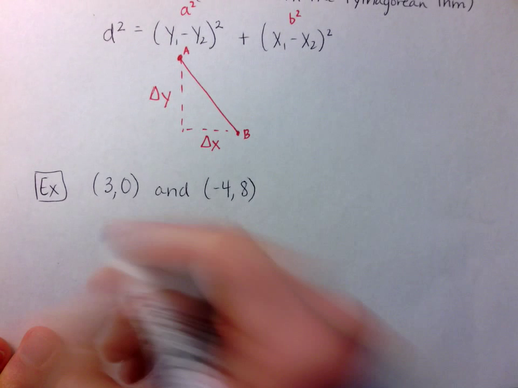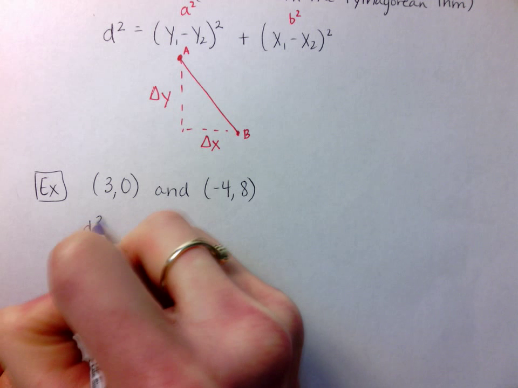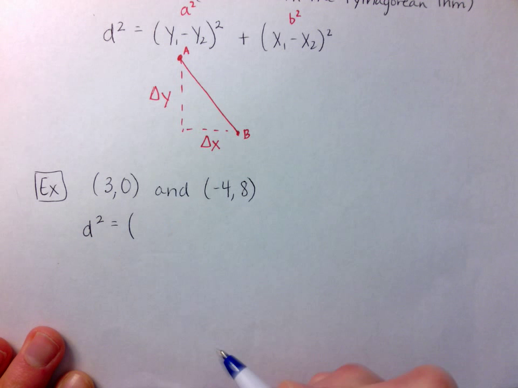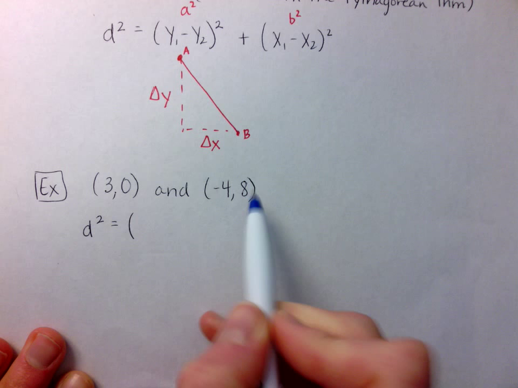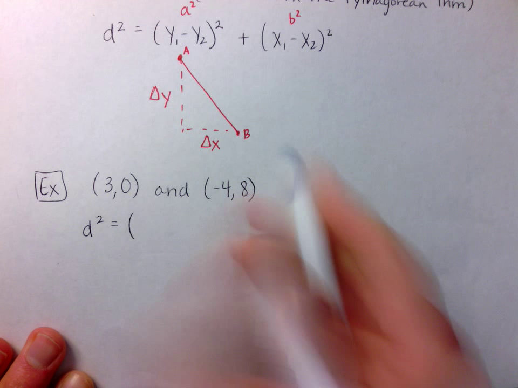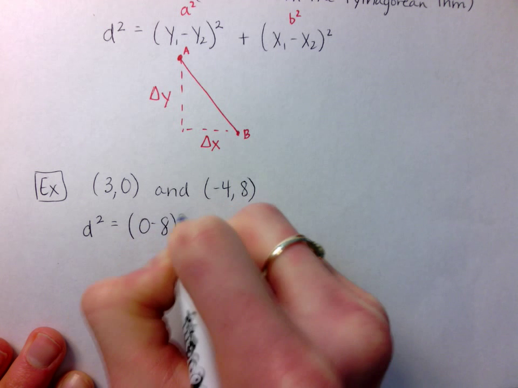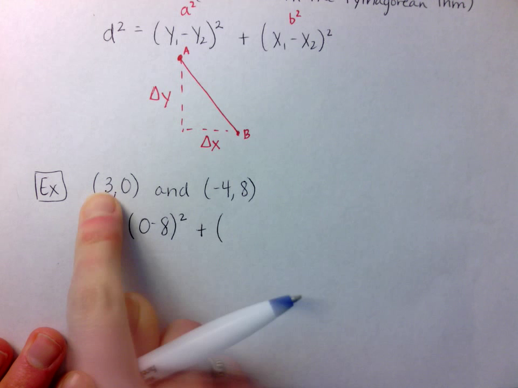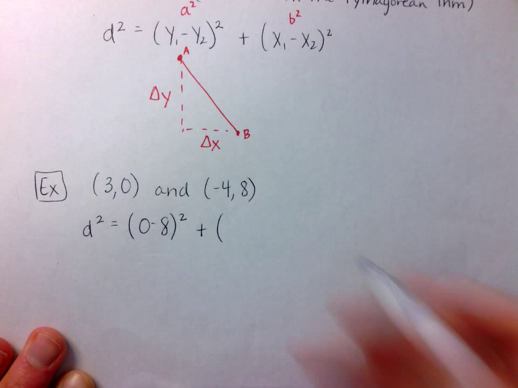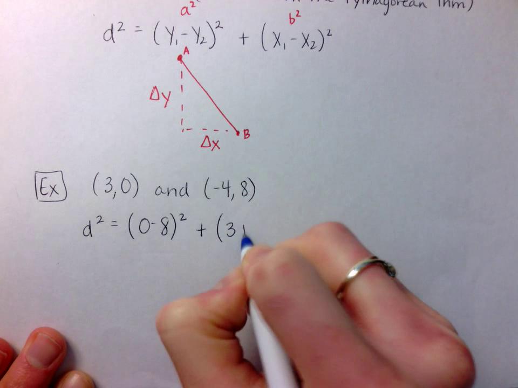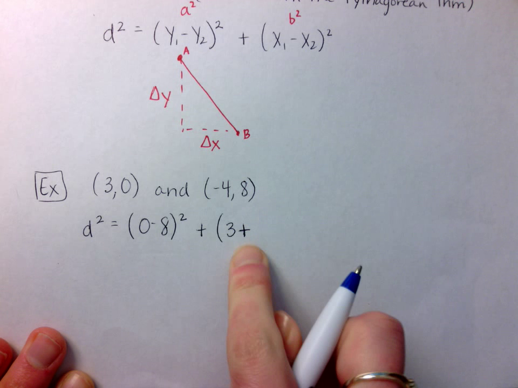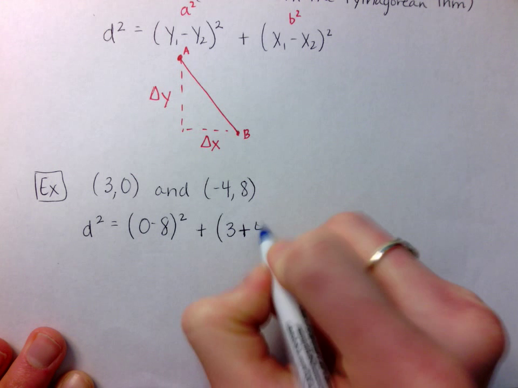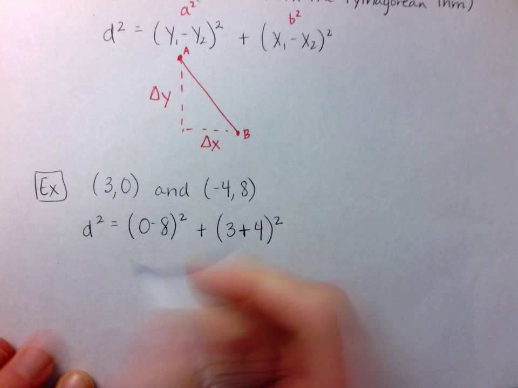We're solving for d. We take the difference of our y's: 0 minus 8, squared, plus the difference of our x's, which is 3 plus 4, because minus a negative gives us the positive, squared.